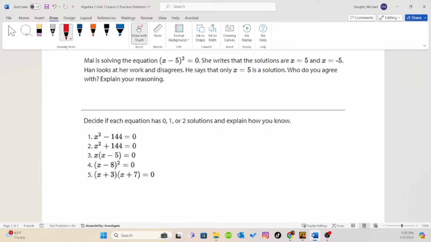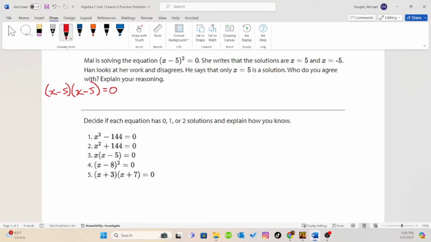So, we're multiplying two things together and we're getting 0 as an answer. What we're really doing, since we're squaring x minus 5, is x minus 5 times x minus 5. This is the same factor done twice.